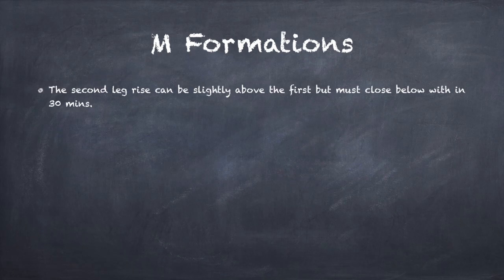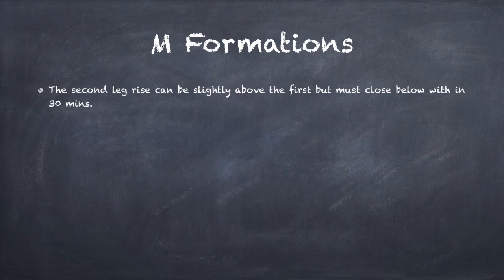So essentially they can play up here for up to 30 minutes or so. But after 30 minutes, if this is going to be an M formation, they have to come back down. If they don't come back down within 30 minutes, this is not going to be an M, and this is not going to be a second leg.